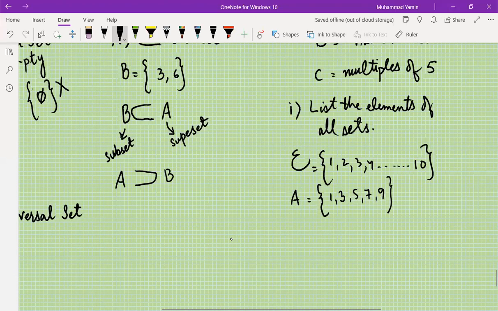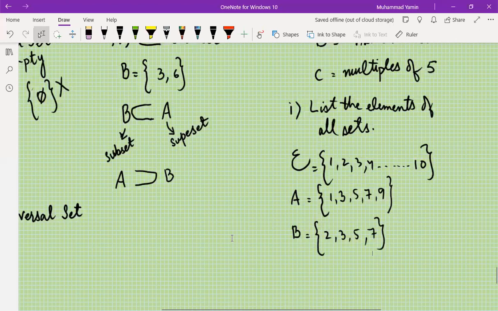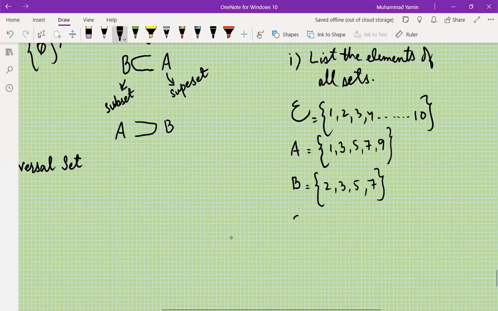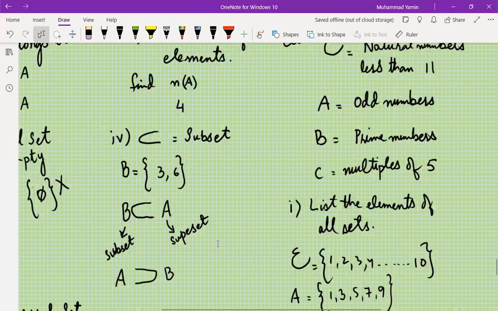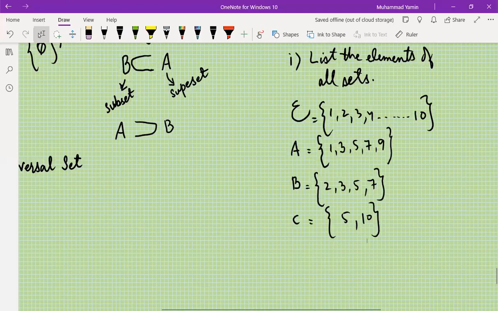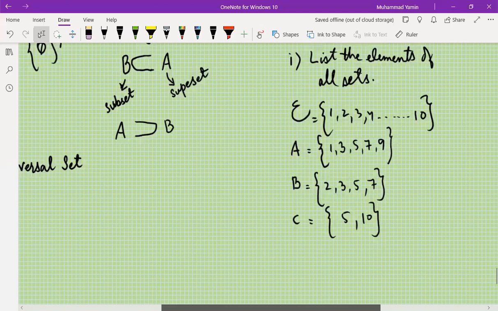Prime numbers: 2, 3, 5, 7. Again, they must be from the same. C, multiples of 5: 5 and 10. That's it. Now all the lists are there. So this is the way that we do the requirement if it is given as listing of the values.